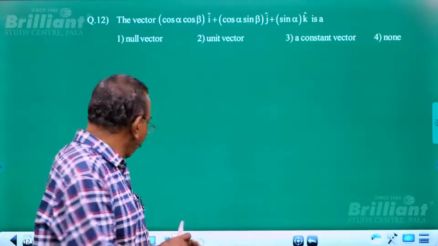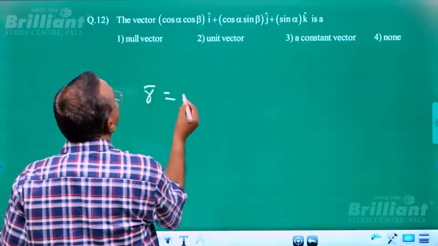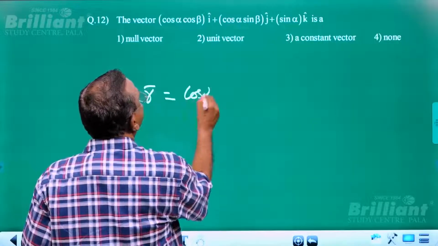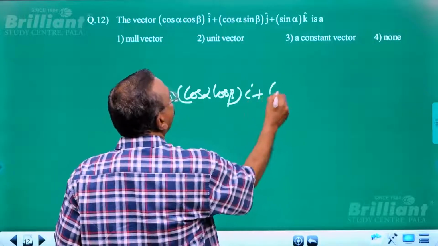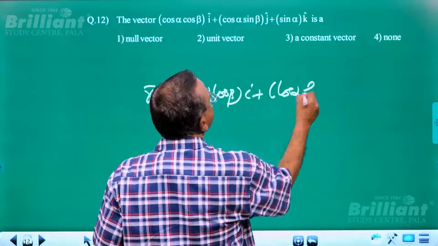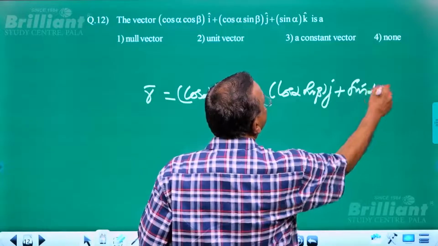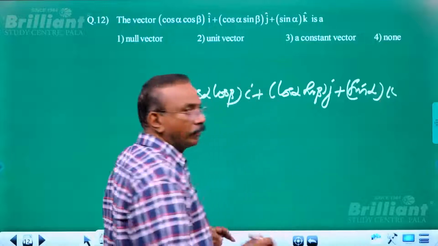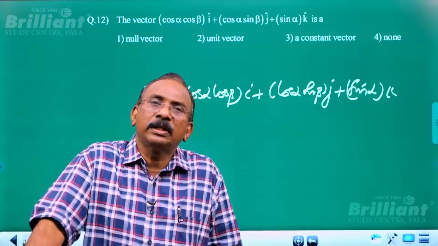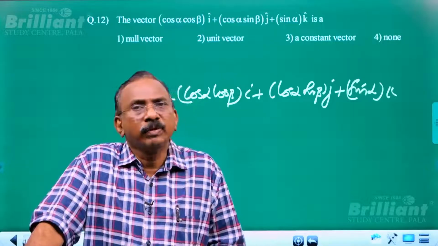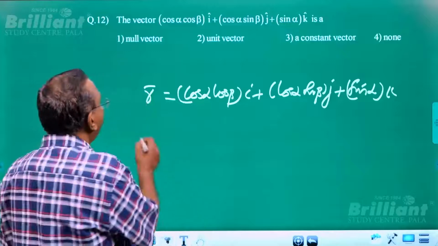Start by writing it in this form: R bar is equal to cos alpha cos beta into i plus cos alpha sin beta into j plus sin alpha into k. This is the given vector. The first option is null vector, second unit vector, third constant vector. You just find the magnitude of the vector, so I put mod R bar.